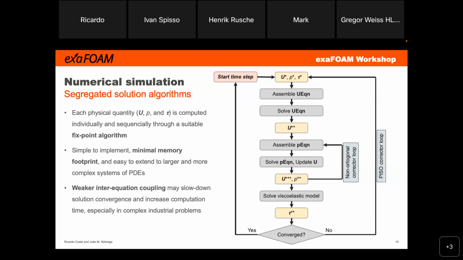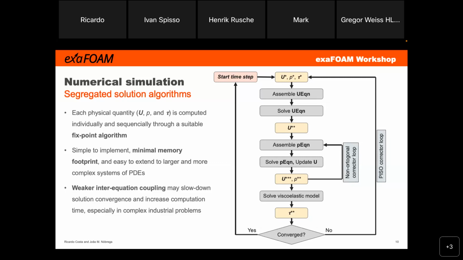What I show here is a very simplified version of the PISO algorithm. And pretty much we start with some approximation for u, p, and tau. We solve the moment equation, we get a new approximation for velocity. Then we solve a Poisson pressure equation, we update our velocity, we obtain new approximations for velocity and pressure.